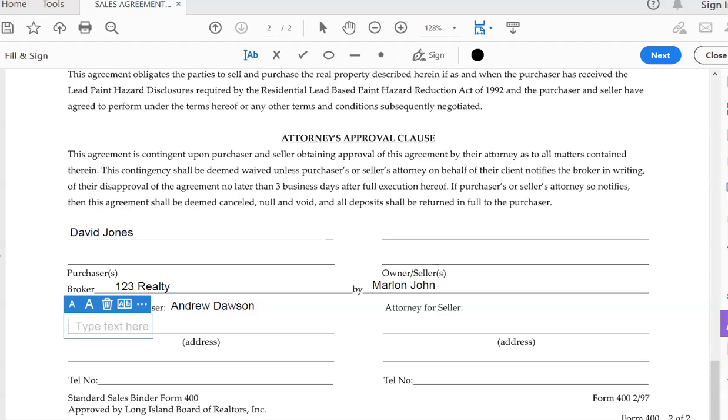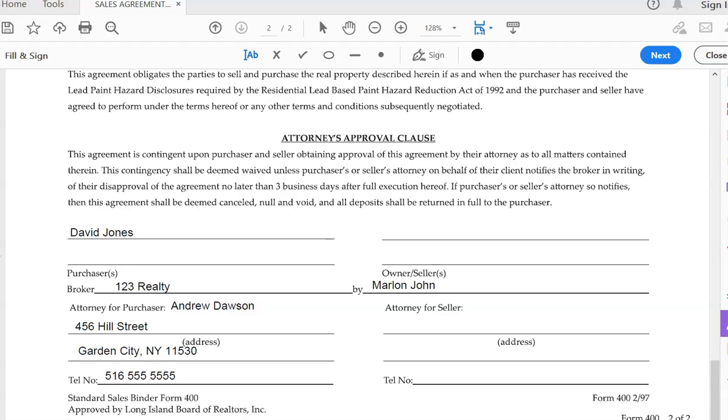His address 456 L Street, New York. And you fill out the information.